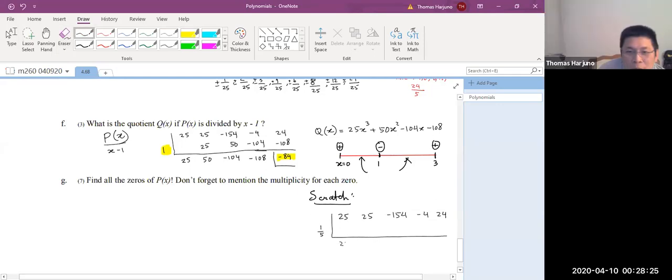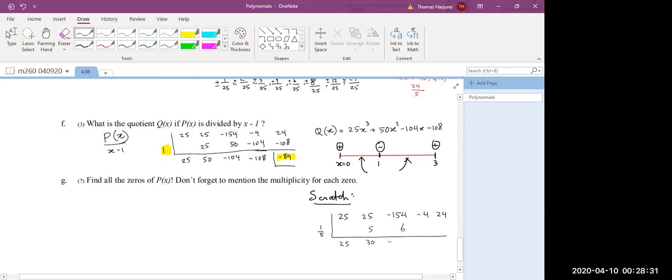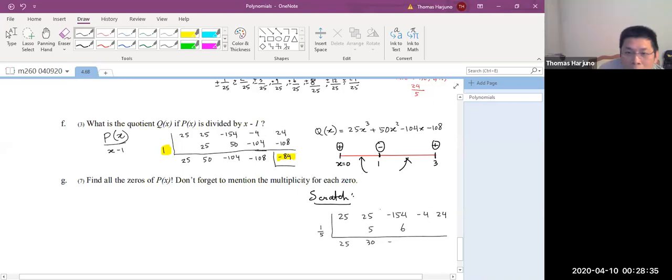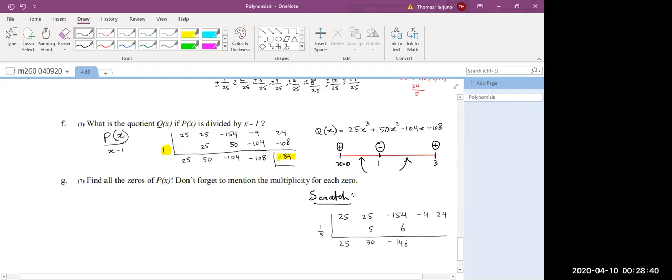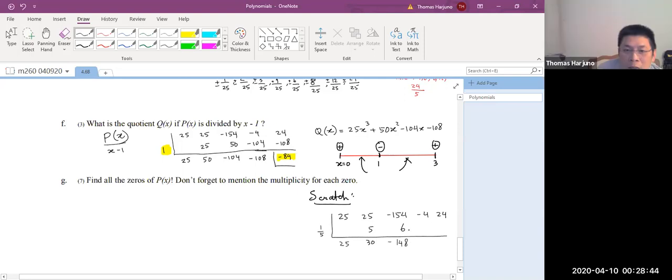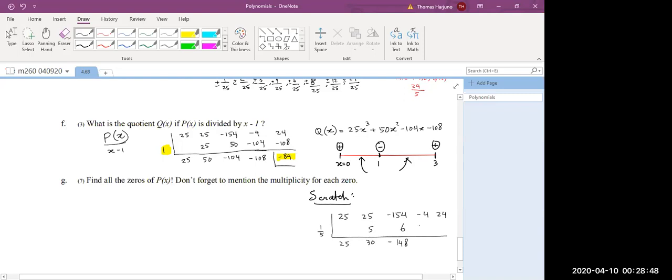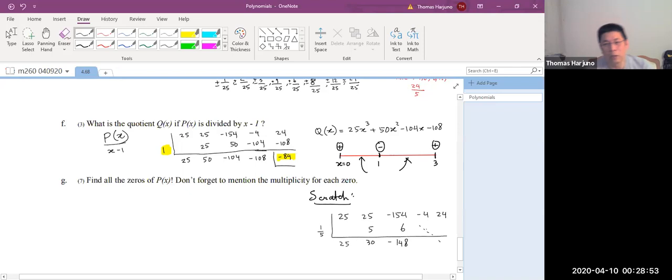So the 25 here becomes 5, this is 30, this is 6, this is negative 148. Ooh, ugly. I don't think I want to go on. No, please don't. Okay, what else?